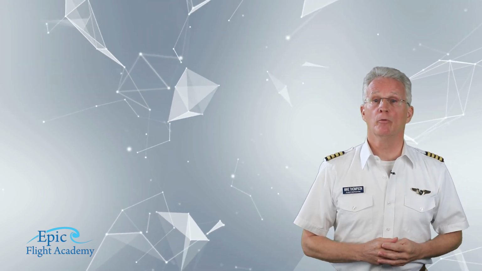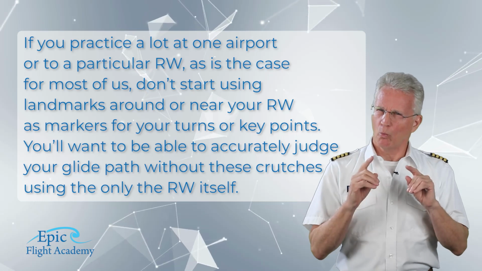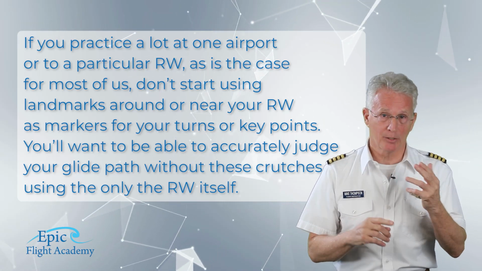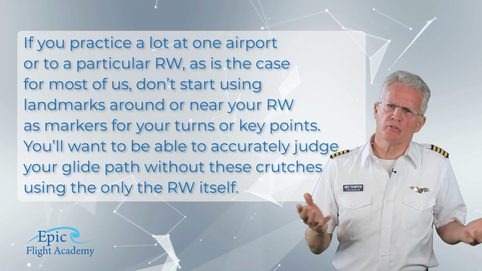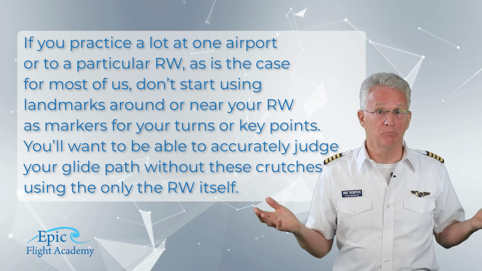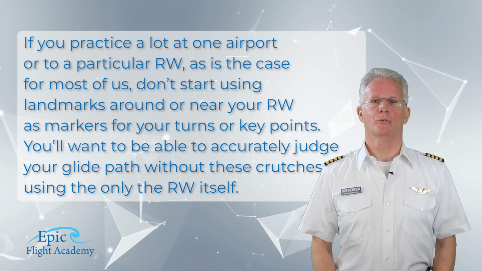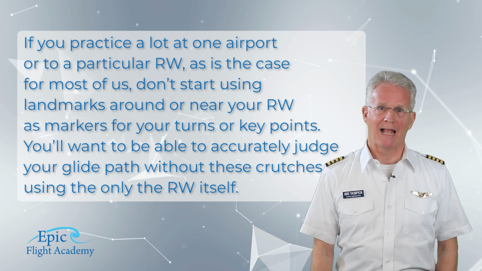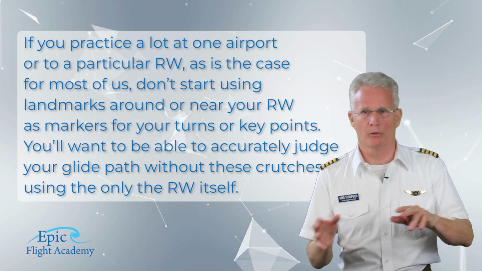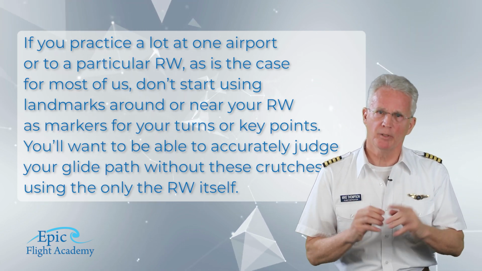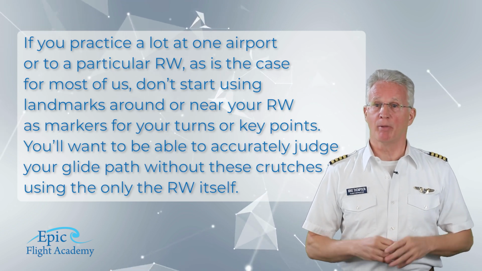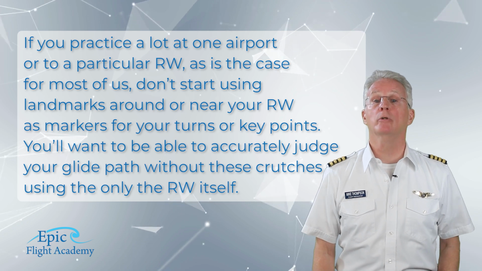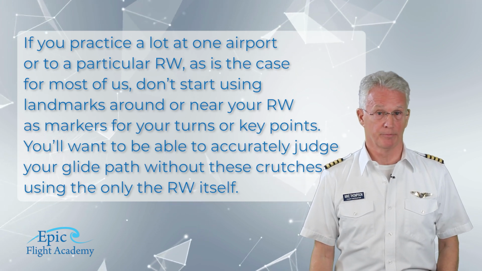Also, if you practice a lot at one airport or to a particular runway, as is the case for most of us, do not start using landmarks around or near your runway as markers for your turns or your key points. You'll want to be able to accurately judge your glide path without these crutches by using only the runway itself.